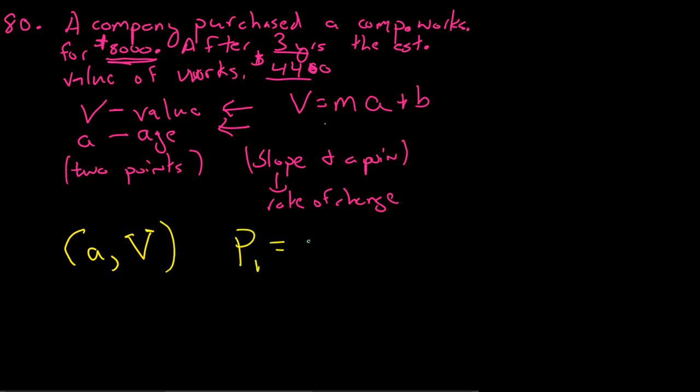And so point 1, well, what is my age when I buy something? Well, it hasn't aged yet. So that's 0. And it had a value of 8,000. I want to play the same trick I did in the condo problem. I'm going to talk in thousands.